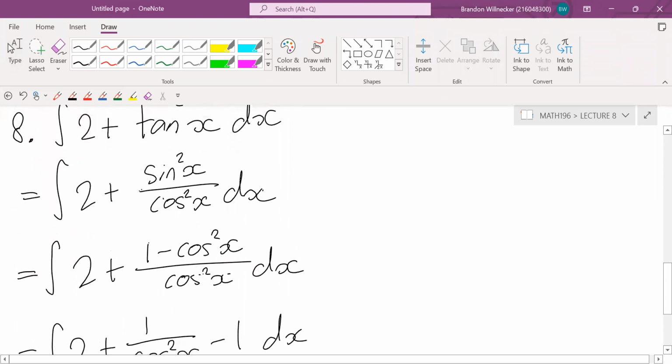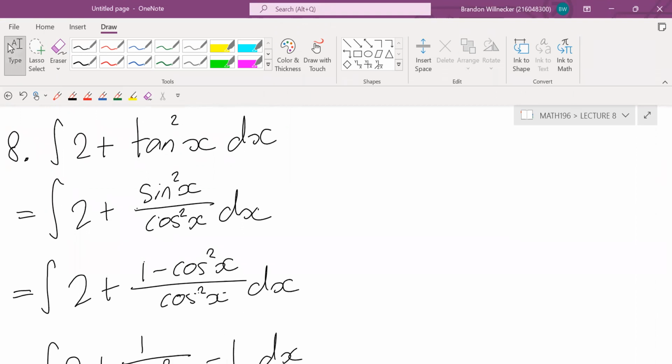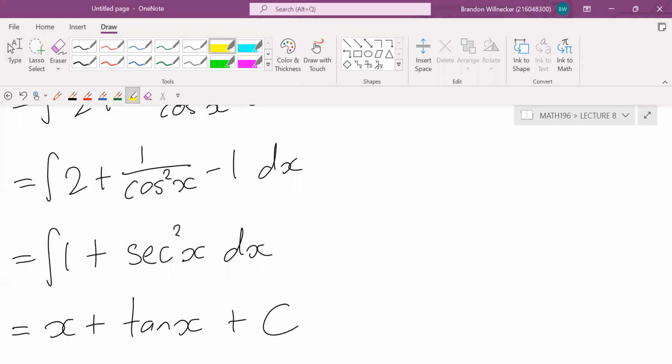Okay, so let's just go over this again. We saw we've got a tan squared, so that's a bit complicated. We can't handle tan squared from what we know, but we can manipulate it with a bit of trig identities until we get to something that we do know, and that is sec squared of x, because we know the antiderivative of sec squared is just tan.